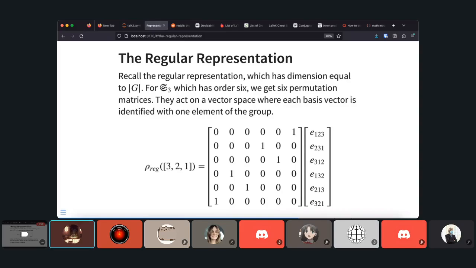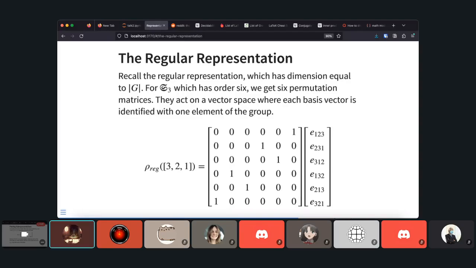You will notice that the diagonals on this are all 0. And this is just a fact of the regular representation, that the character for it, the trace, is 6 for the identity. It's all ones along the diagonal, and 0 for everything else.